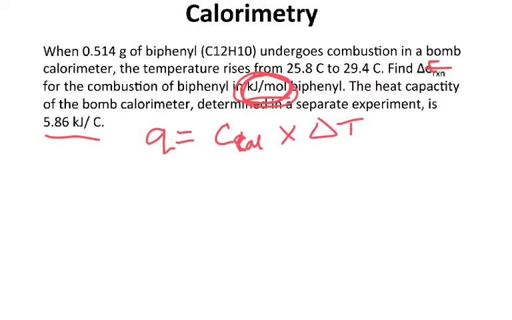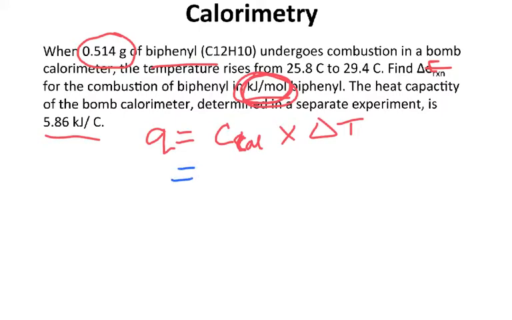This gives us the change in internal energy of this reaction in kilojoules. We then want to look at this amount of biphenyl, so we need to find the moles of biphenyl, and we'll divide the kilojoules that we find by the moles.